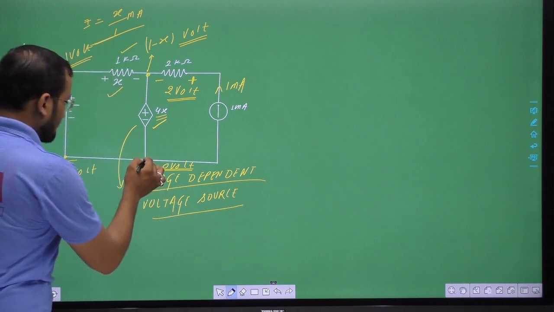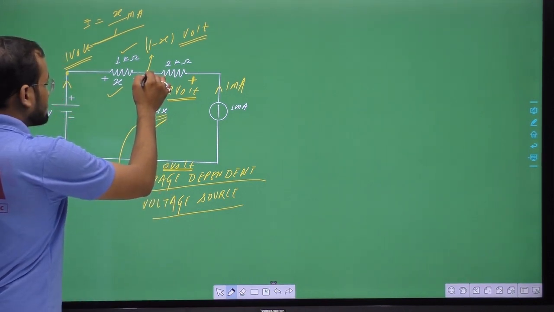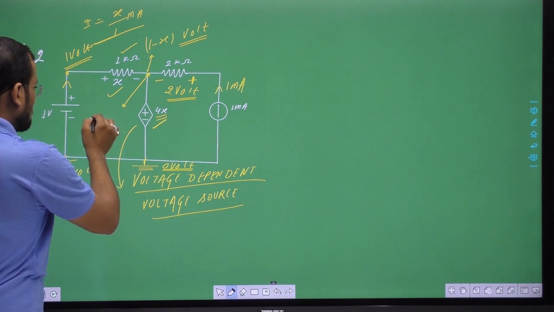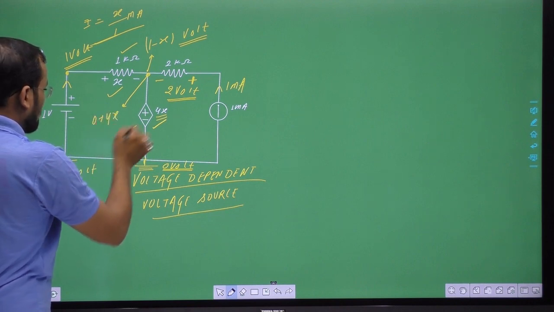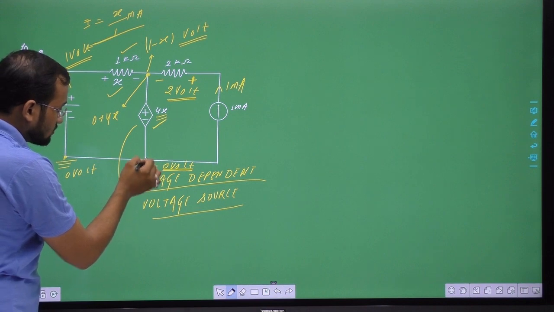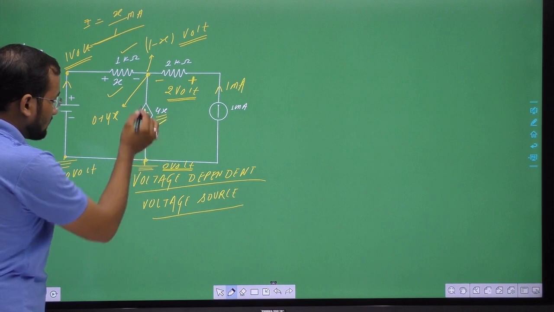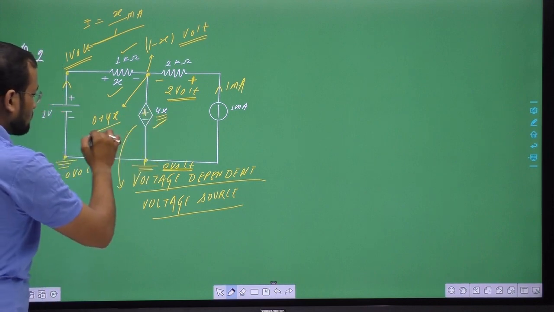With respect to the 0 volt, the value of the voltage here is also 0 plus 4x, because we have to add the value as positive: if the voltage here is 0 volt and we are leaving with the positive sign, then we have to add the value positive. 0 plus 4x.